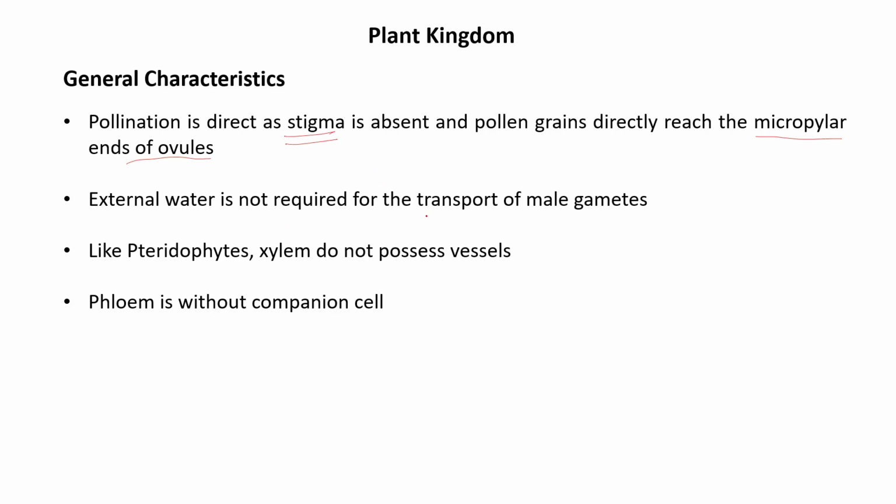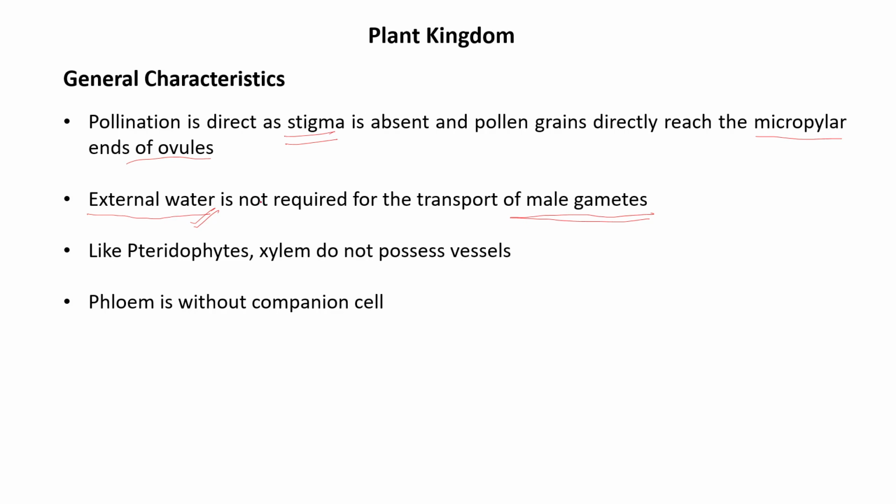External water is not required for the transport of the male gamete, as we have seen in the case of bryophytes and pteridophytes, which require external water. Here no water is required for the process of pollination.